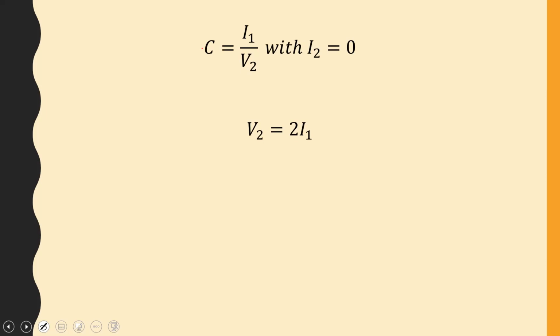In this case, we are doing A, then C, because the second port would have either the short circuit or the open circuit for both parameters. So C, I1 over V2 with I2 equals 0. V2 is equal to 2I1, and so C is a half, as before.